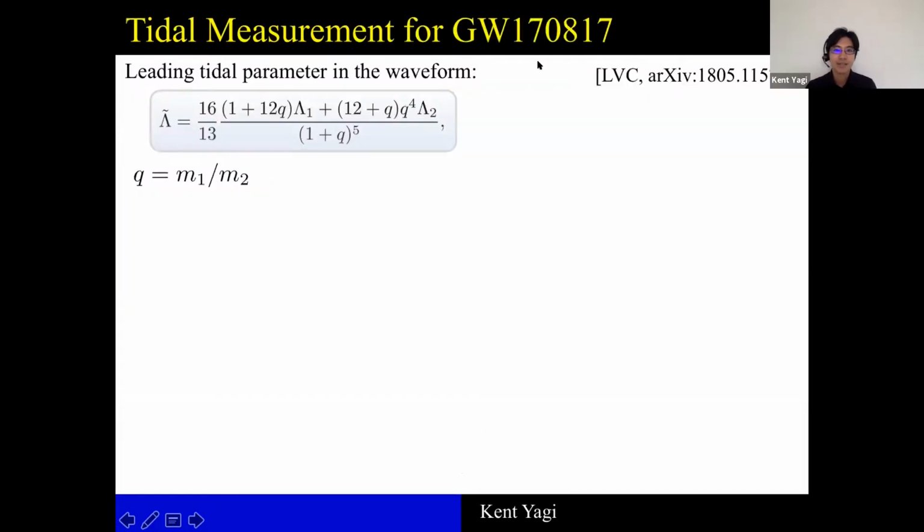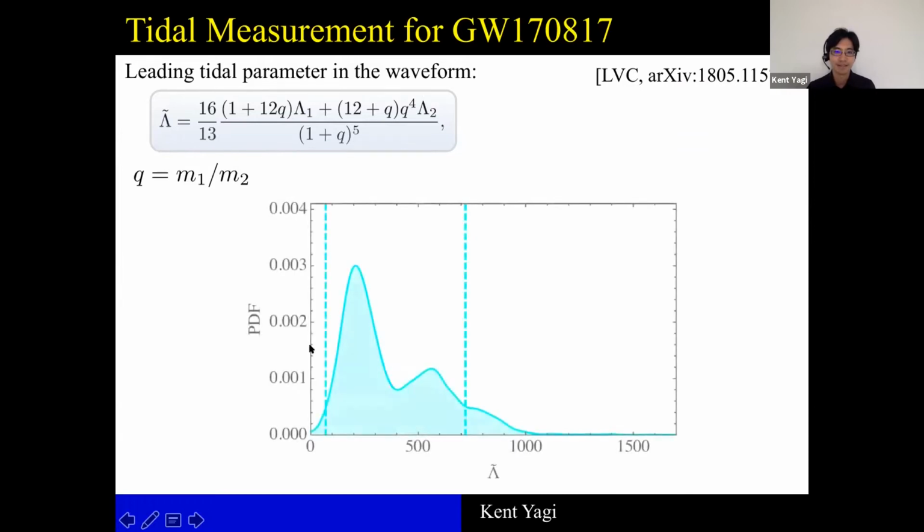What LIGO-Virgo actually measured is the leading tidal parameter in the waveform, a combination of two tidal deformabilities, lambda 1 and lambda 2, for the two neutron stars in the binary system, plus some dependence on the mass ratio Q. This is the probability distribution that they reported.